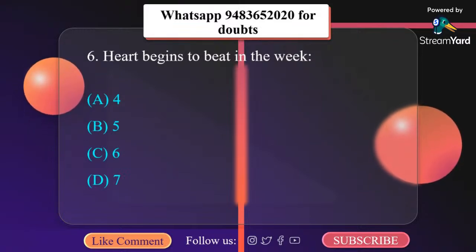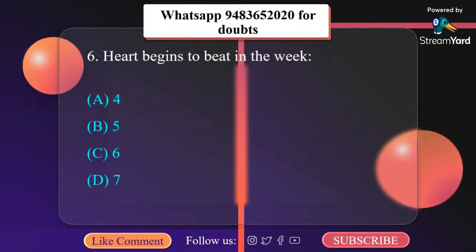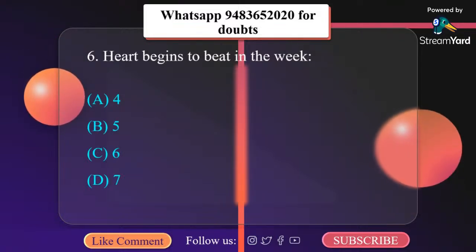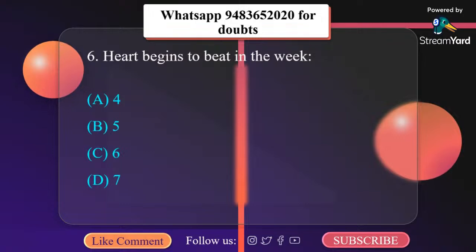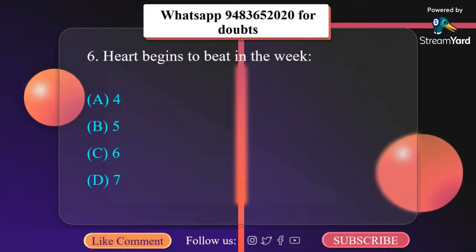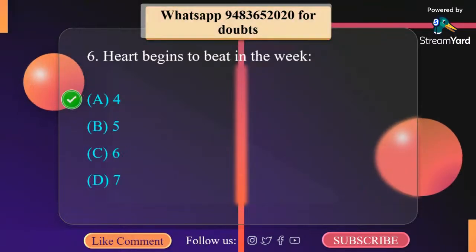Heartbeat begins by day 22 post ovulation and can be detected by Doppler ultrasound. It is week 4 post ovulation or fertilization and week 6 from LMP.